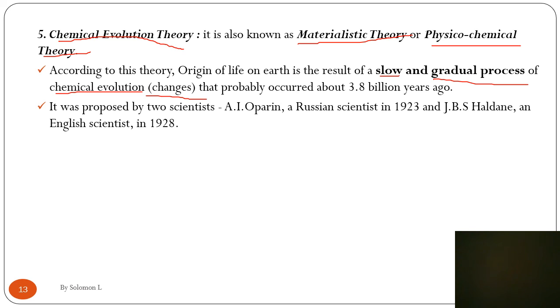It doesn't accept that non-living things give rise to living organisms, or that living organisms are created by God, or that life came from other heavenly bodies. Rather, this theory accepts that life is a result of chemical reactions. This theory was proposed by Oparin, a Russian scientist, and Haldane, who was an English scientist.